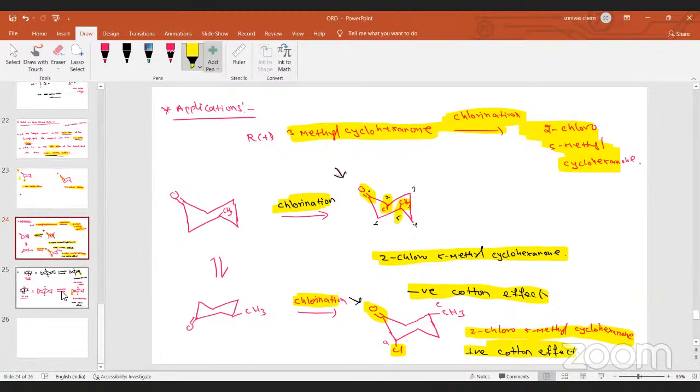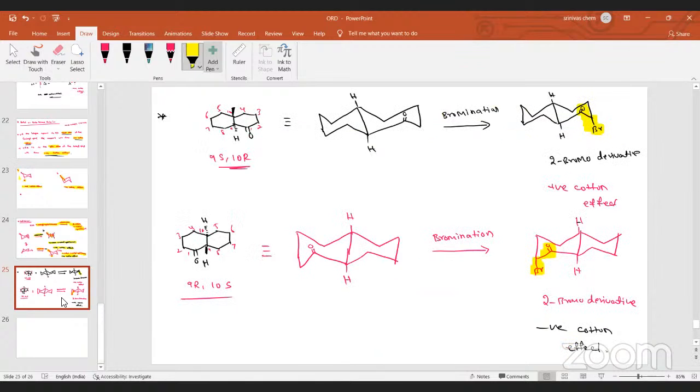The last example is 9S,10R. Numbering 1, 2, 3, 4, 5, 6, 7, 8 and 9, this is a trans-1-decalone. Upon bromination, trans-1-decalone can form a 2-bromo derivative.